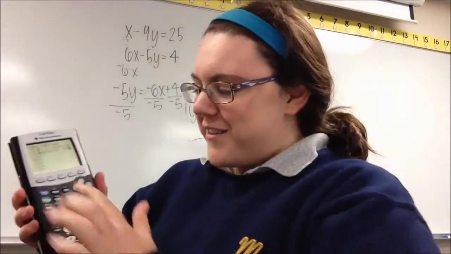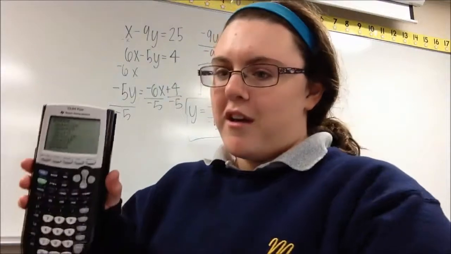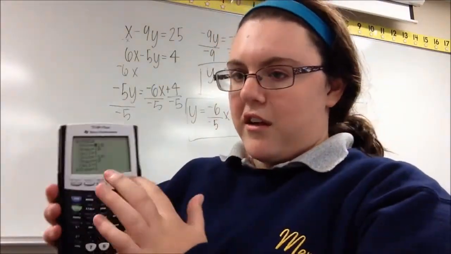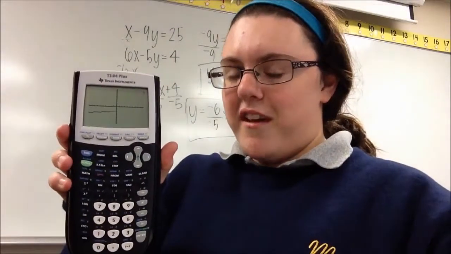So now what you want to do is make sure your windows are good, and ours are all good for our equations. And then you're going to hit graph, and it forms a graph.